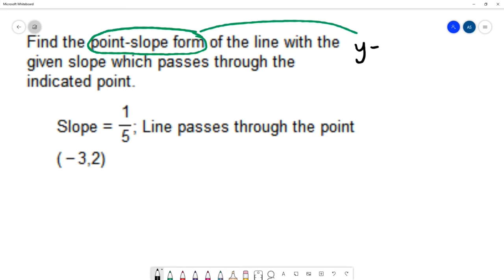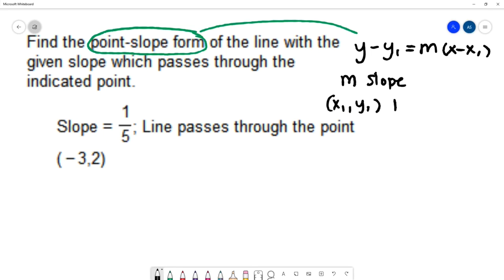That form is y minus y1 equals m times x minus x1. The m stands for the slope of the line, and the ordered pair (x1, y1) is a point on the line. So if we know those two pieces of information, the slope and the point, we're able to write the equation of that line.